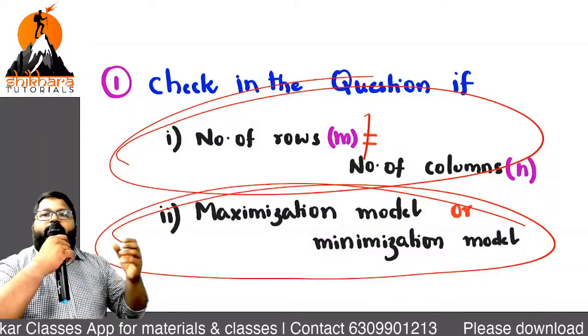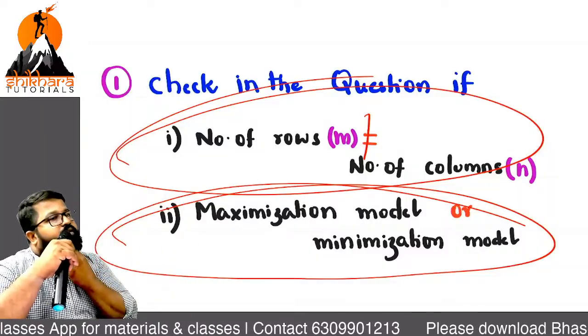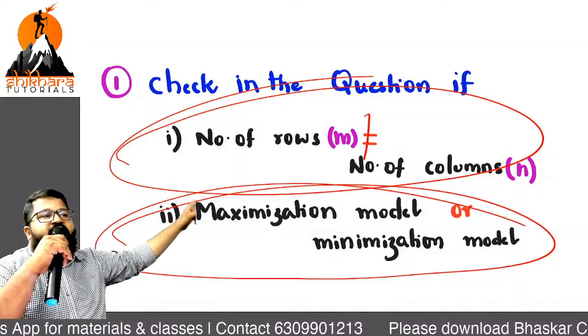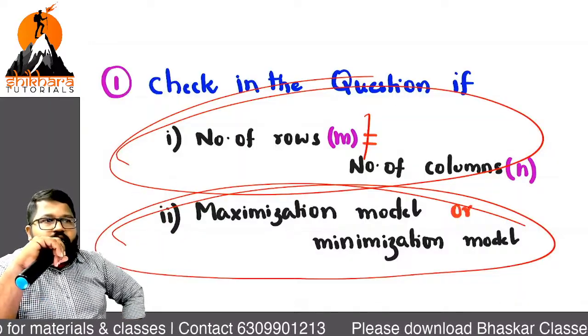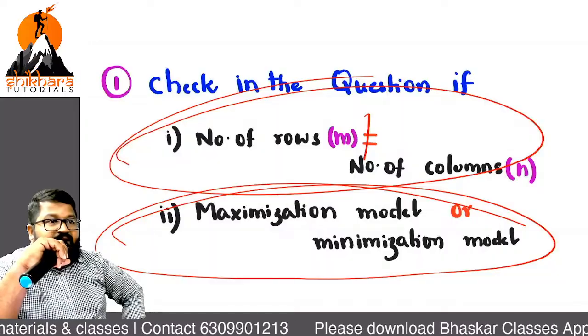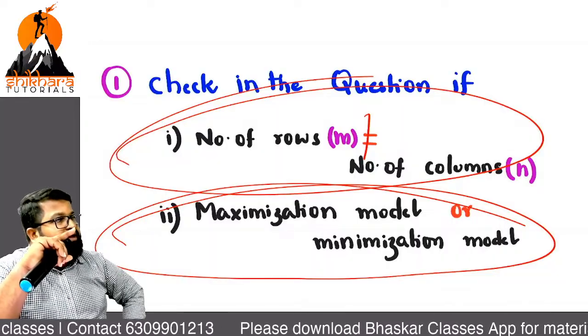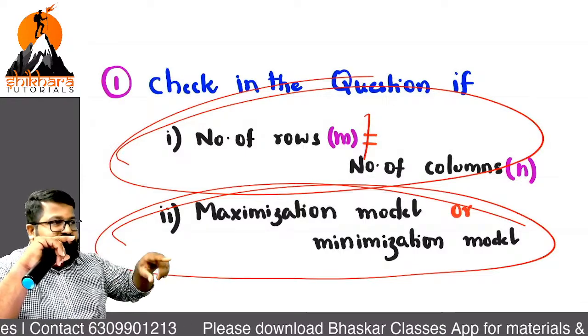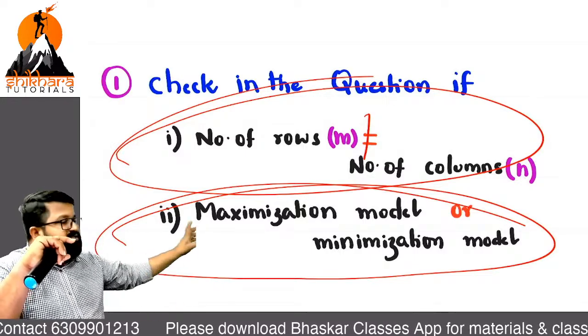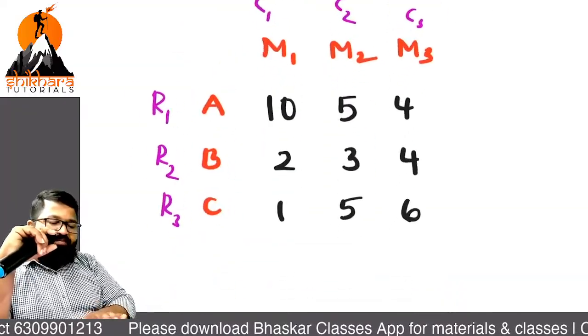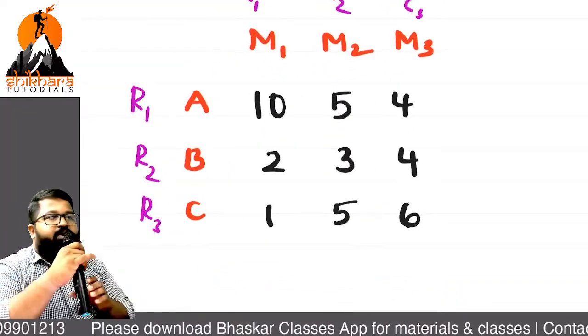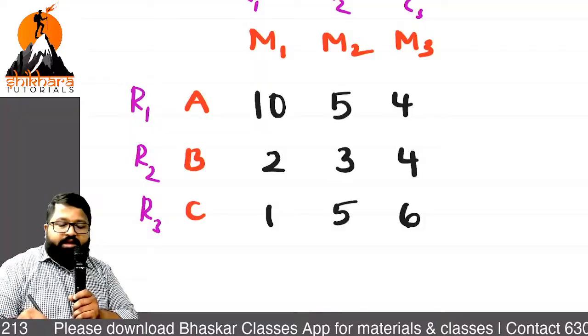If the objective is minimization, we can follow the steps. But if it is maximization, what should we do? Convert it into a minimization model. How do we convert? How did we convert in transportation? The highest number, that is 1900, is taken, and that number is used to reform the matrix. In the same way here, if it is a profit matrix, we identify the highest number. What is the highest number here? 10.